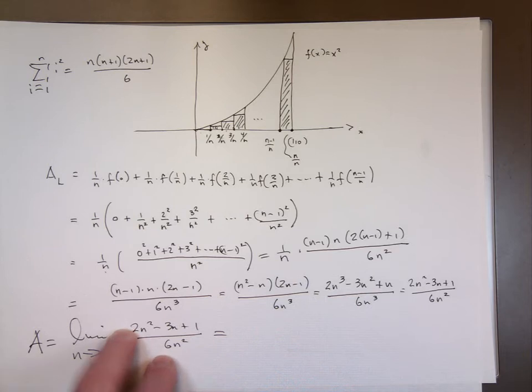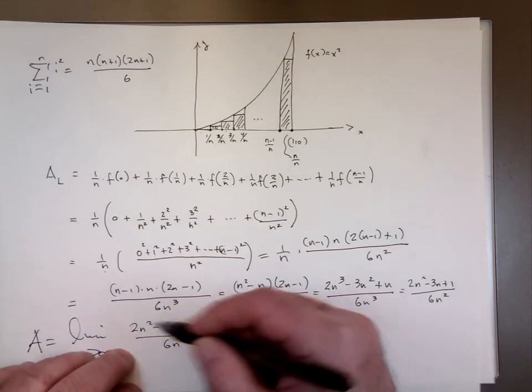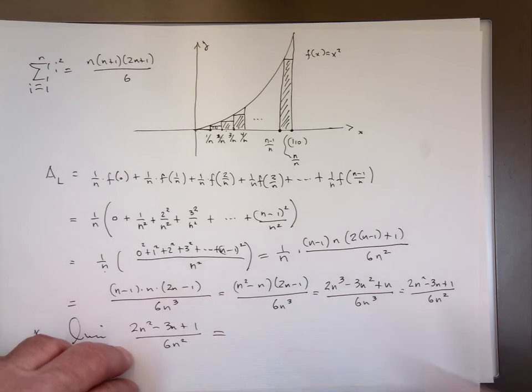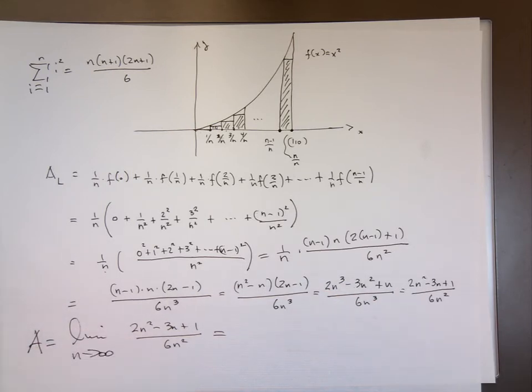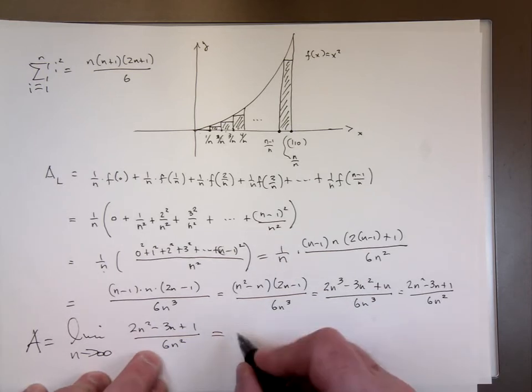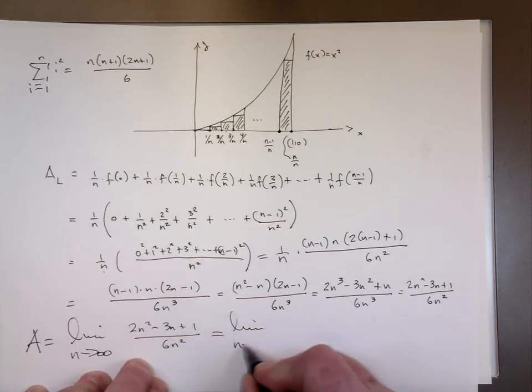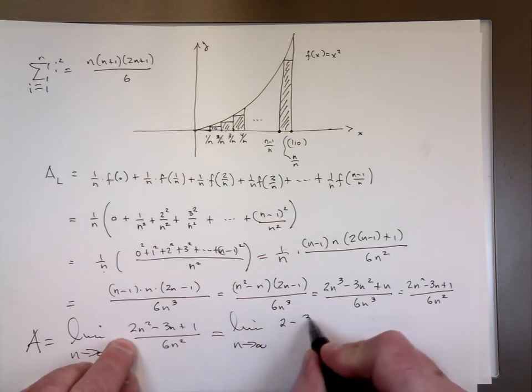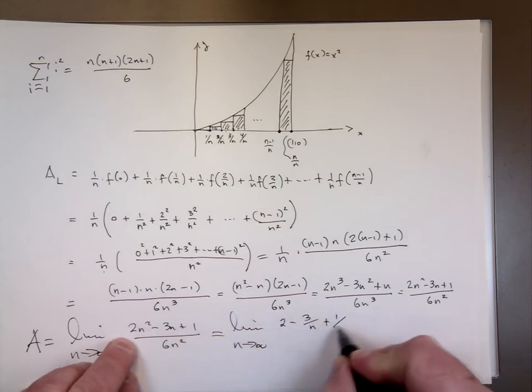Here's the rule. Same degree, numerator and denominator. The limit as n goes to infinity is the ratio of their leading coefficients, 2/6. But if you divide numerator and denominator by n squared, if you divide the numerator by n squared, you get 2 minus 3 over n plus 1 over n squared. Divide the denominator by n squared, you get 6.